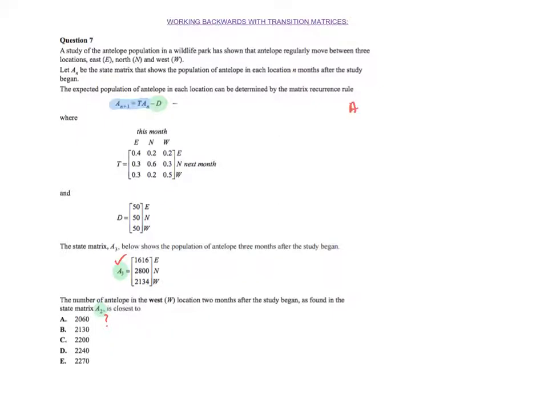Using this rule, A3 would have been found by doing the transition times A2, minus D, is that correct? Now if you look, what do we have? We have this one, we have this one, and we have this one. So we need to work backwards in finding it.